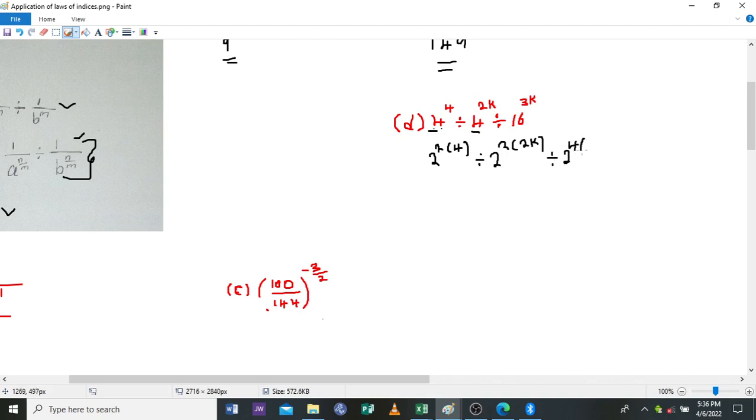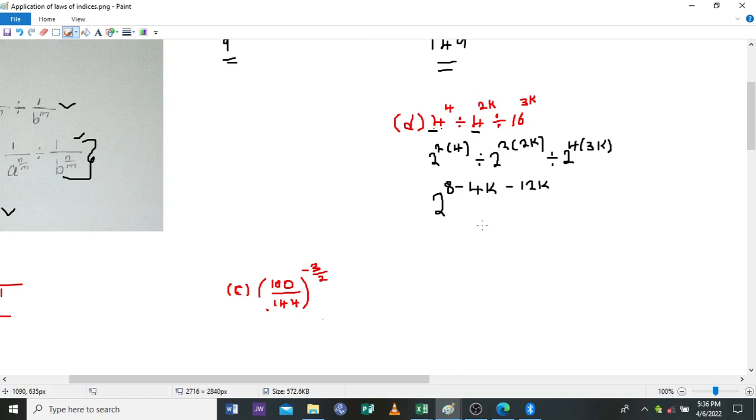Now this will be multiplied by that 3k we have. Alright, good. So we are going to get just one base since all the bases are equal. Now 2 times 4, that will be 8, right? Minus 2 times 2k, that will be 4k, right? Minus 2 to the power, okay, that's 4 times 3k, that will give us 12k, right?